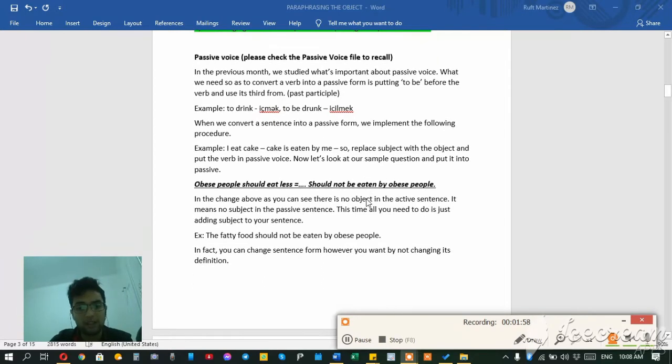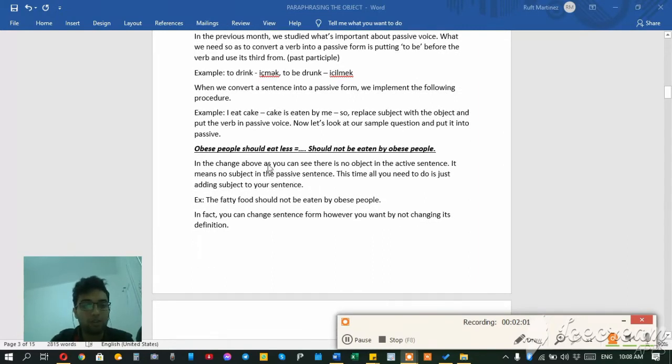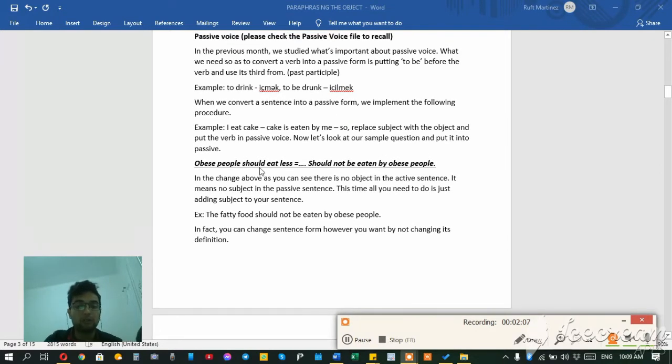Now let's take a look at our example question and put it into passive. Obese people should eat less. This is a question for an agree and disagree essay. What I do here, I'm not using any synonyms. I'll explain synonyms separately, and changing the verb form, and then I'll tell you the best way using all three, if possible, because the question may be something that you can't convert into passive voice, or you may not find synonyms for each word.